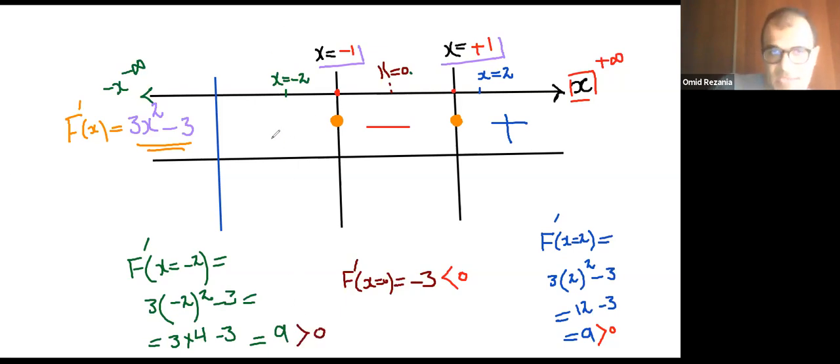Then I say that in the range from x = -1 to minus infinity, f prime of x is going to give me a positive number, because a randomly selected number in that range gave me a positive f prime of x. Also at these 2 points, -1 and +1, which are my critical points, I know that it has to give me 0, because these points are the zeros of this function.